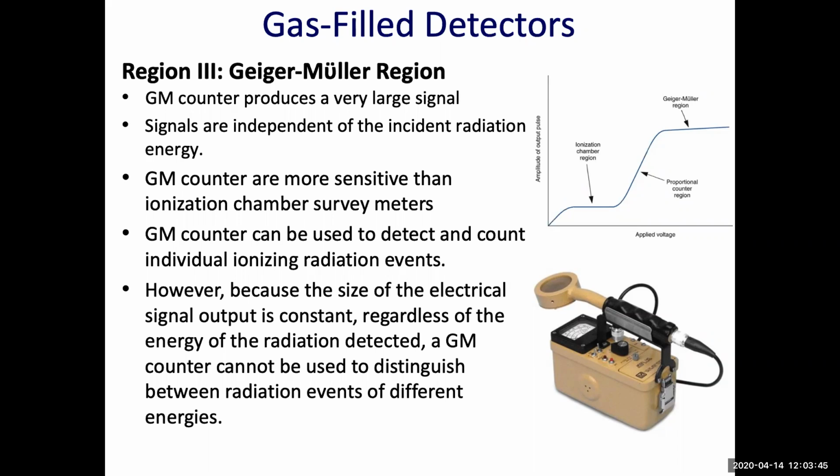We have to use a different detector to discriminate between energies, which could be a scintillation detector or another type. A semiconductor detector can distinguish, for example, energy 360, so this is iodine-131. But with the Geiger-Müller counter, we cannot distinguish the energy or identify the radionuclide, only detect that there is contamination on the surface.